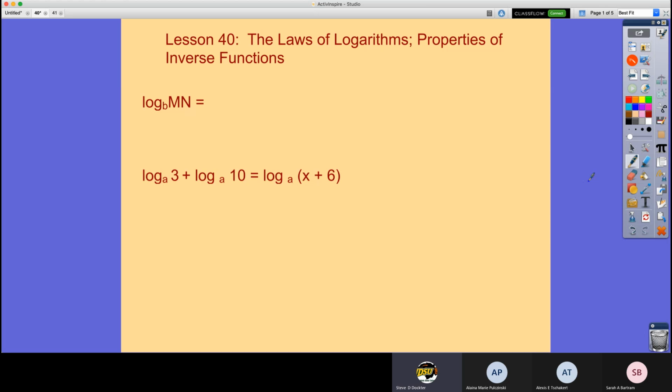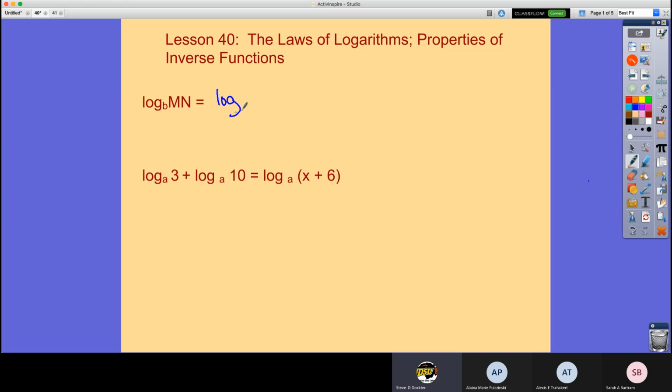All right, so first of all, for laws of logarithms, when we have log b of m times n, what we can do with these two, when they are multiplied together, we can split them apart by doing what? Do you remember from the past? Anybody remember?